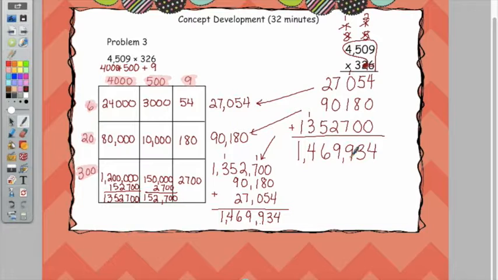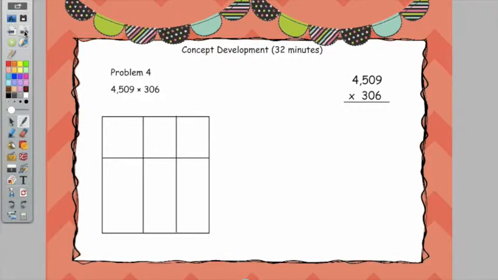Do you have a match with my answer? Yes. Okay. So the next slide, we're going to take out another number and replace it with the 0. Okay? So take a look at this problem. Now, I kind of helped you with the area model already. So you know that on this one, you're just going to do 300 plus 6.